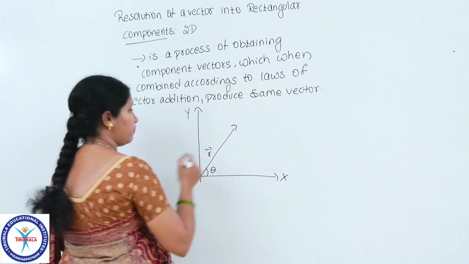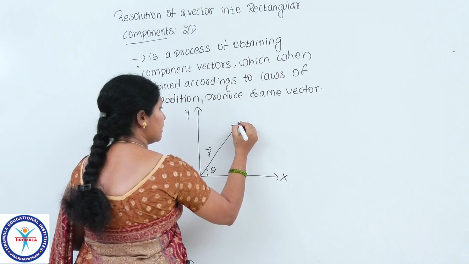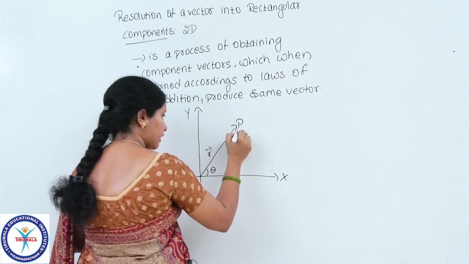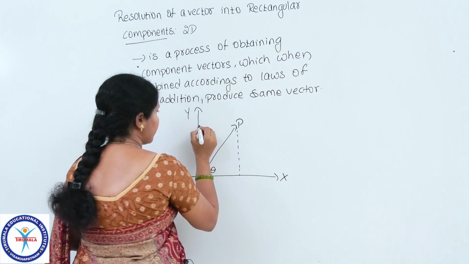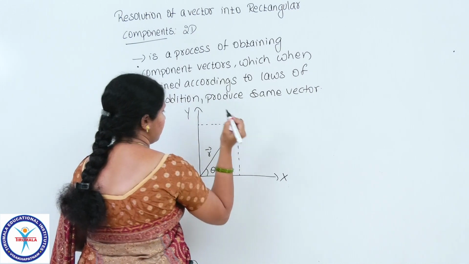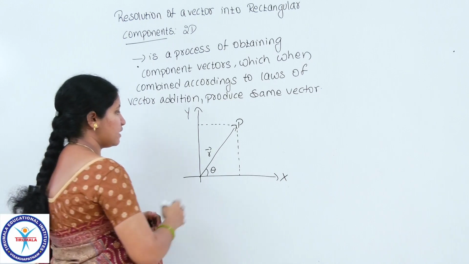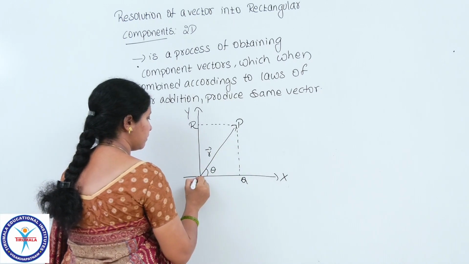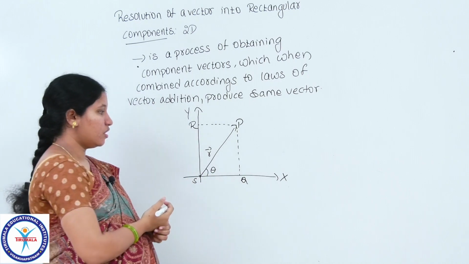Now, let us mark this point as P. Now, draw normals to x axis and y axis. Let us name the points P, Q, R, S.